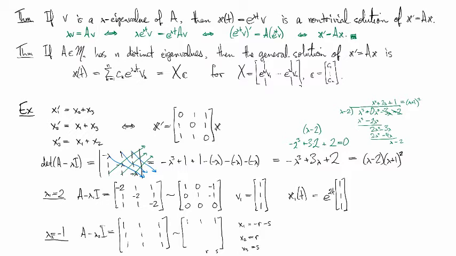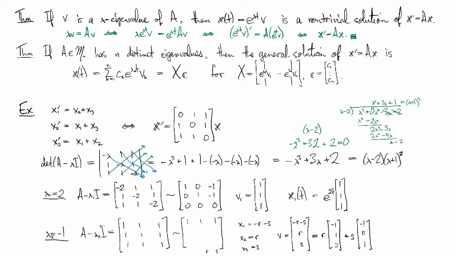Actually, sorry, I should have been calling these v's or something. Whatever, those things. So my second vector is going to look like minus r minus s, r, s, which equals r times minus 1, 1, 0 plus s times minus 1, 0, 1.